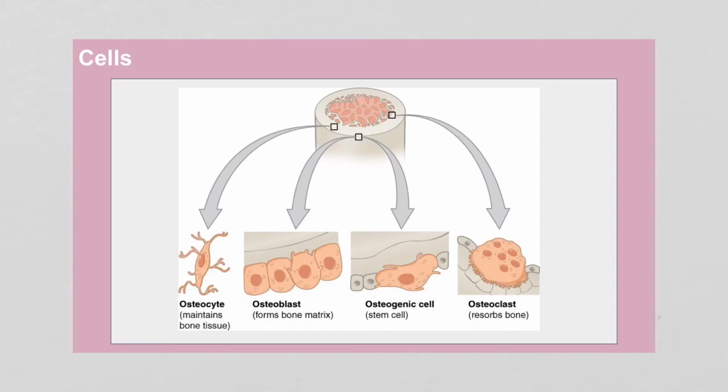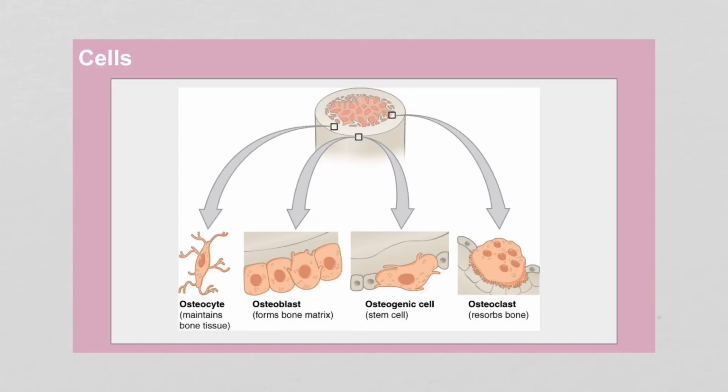The fourth type of cell that we're going to look at are osteoclasts. And so just like with the osteoblasts, where I said you want to remember B for building, for osteoclasts, I want you to remember the C for crushing. Osteoclasts are specialized cells. They actually develop from the same tissue that blood cells come from.